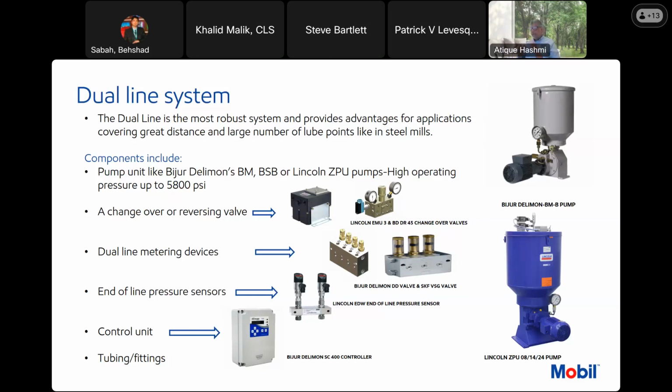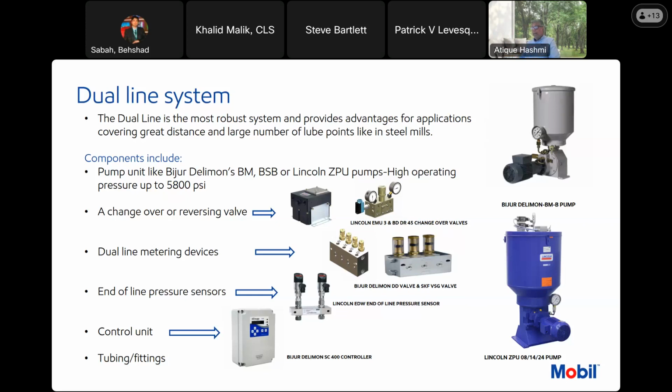So what these systems do is you can connect 250 points on one line and the remaining 250 points on another line, line A and line B. So that's why we have these dual line systems.